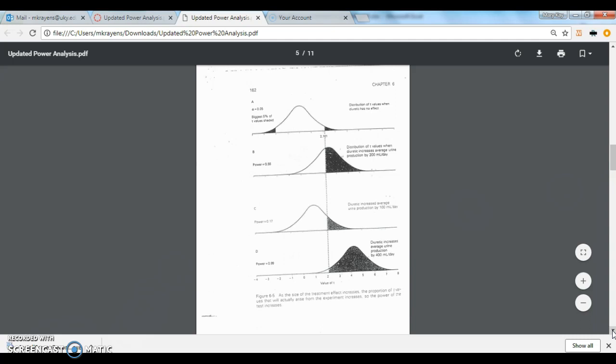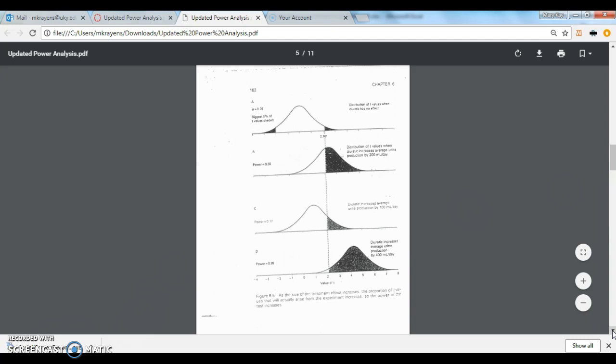But if the drug was less effective and the increase was actually more on the order of 100 mils per day, you can see that's graph number C. The critical value still is at 2.101, but the percentage of T values to the right of that critical value is much smaller, because the mean of 100 mil increase is more similar to a mean of 0 mil increase, which is what would happen under the null hypothesis if there was no difference due to taking the active drug.